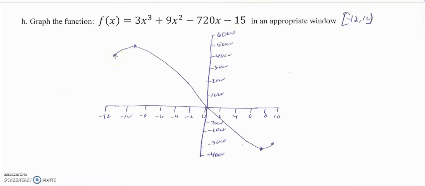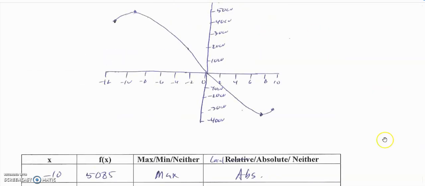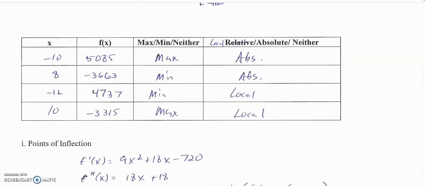That would be a minimum, but it's not the lowest point of the entire graph, so that would be a local minimum. And then 10, negative 3,315, which would be here, would be a maximum, but it's not the highest point of the entire graph, so that would be a local max.